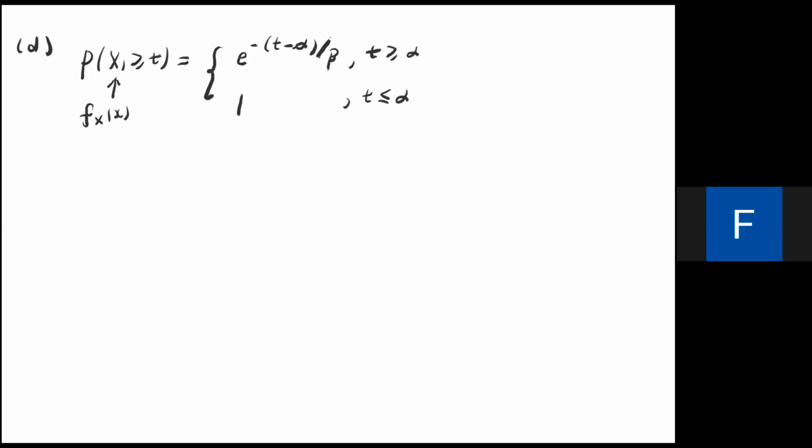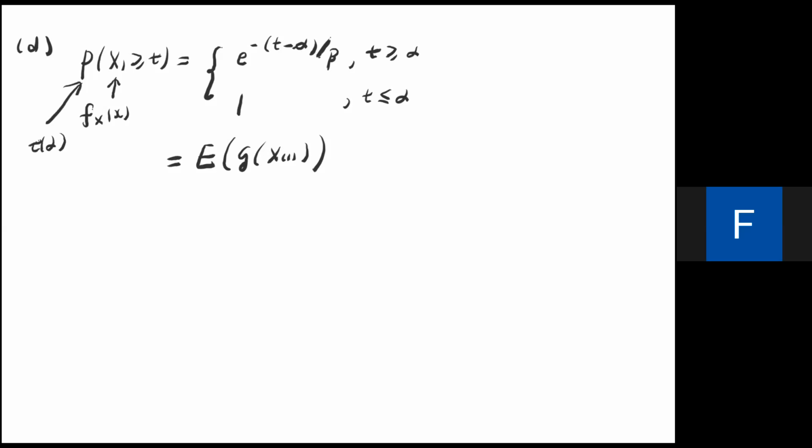So if I actually use method number 2, if I can find a g function, the expectation of the g function of x1, this is my tau alpha, a function of alpha.